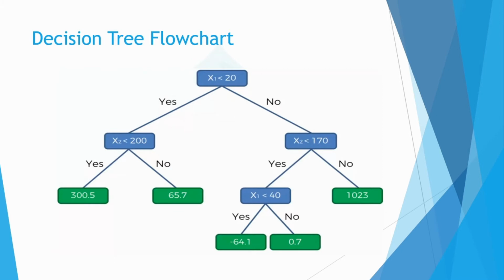Now as you can see, there is the root node, several internal nodes, and at the end the leaf nodes, which represent the average value as the labels. Suppose x1 is at a particular value; if it's less than 20, then the outcome is yes and we go to the next internal node. In this case also, if the outcome is yes, then we get the label 300.5, which belongs to a particular region.